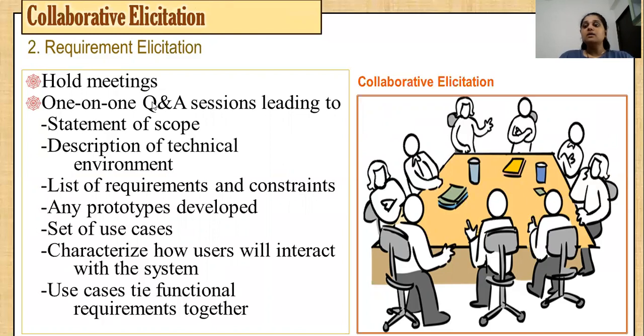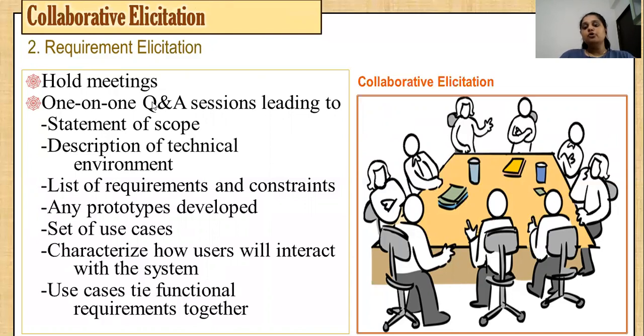Like you can conduct or hold meetings. Now, these meetings are attended by the developer and the stakeholders. In the meetings, there are certain rules for participation and you have to come pre-prepared for the meeting. There is a controller in the meeting, and that controller can be a customer, a developer, or an outsider.